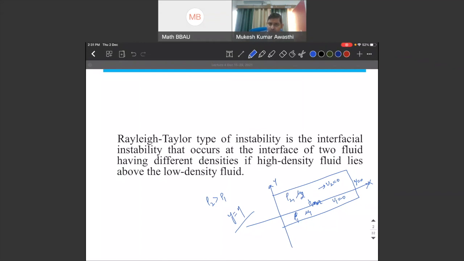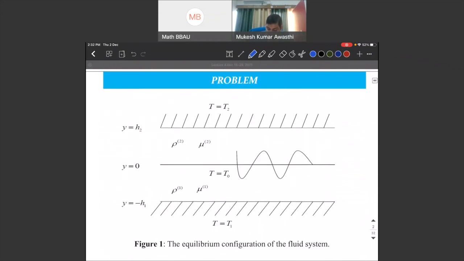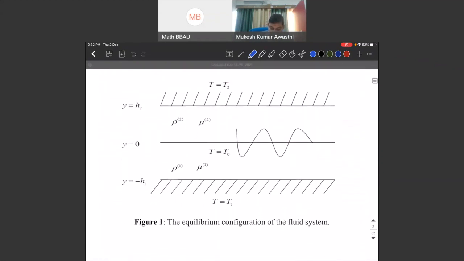Remember one thing, the interface is unstable due to gravity, but we will apply heat and mass transfer, and we'll see what the effect of heat and mass transfer will be over this statically unstable interface.